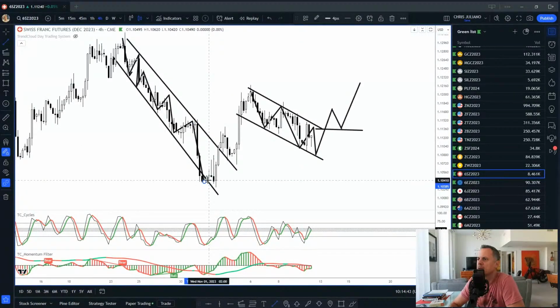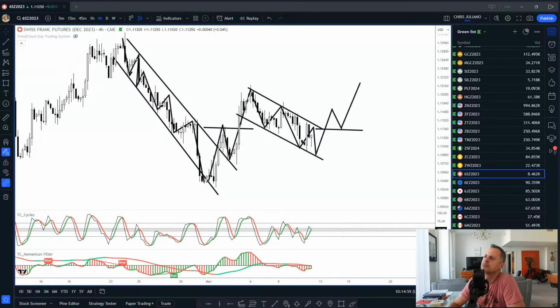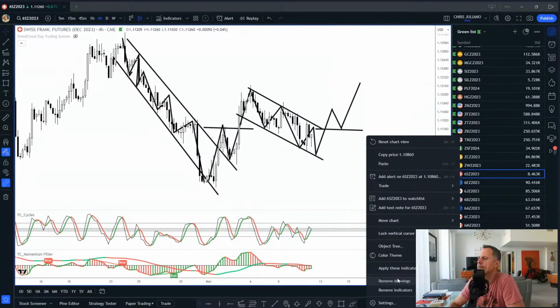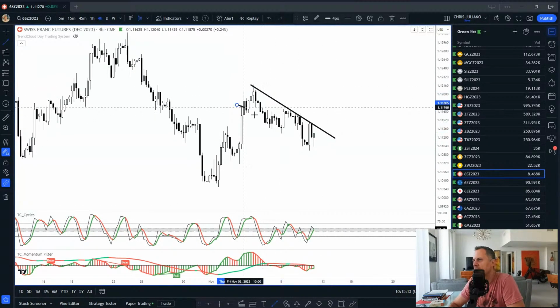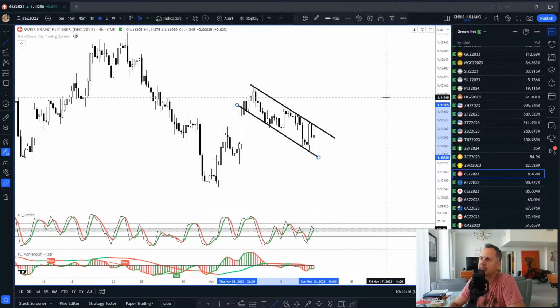And then broke out of the channel, close above, pulled back, found support, break to the upside, right? Broke through right there. See that? Broke out, found support, break to the upside, and now we're back in it. So that's an interesting observation on the Swiss franc.